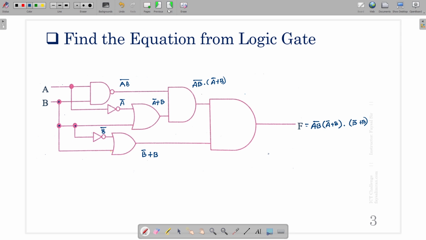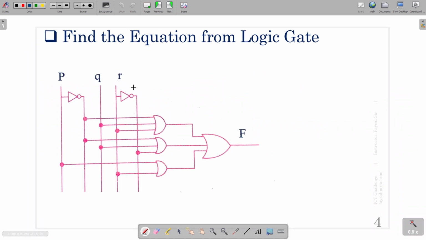Okay. Now our next logic circuit is a different one, and this is a very easy one. Don't be tense about this. So at first we have to find the output of this NOT logic gate. This NOT logic gate comes from this line. This whole line is dedicated to this P, right?